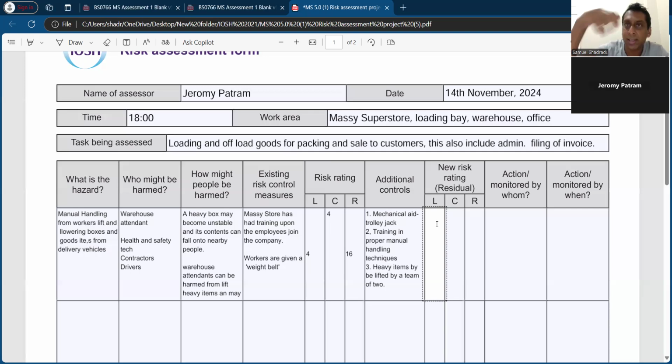We're still using a trolley jack, so they still have to push it. So it wouldn't go down to 1, but maybe because of the trolley jack, if they don't overpack it, the consequences could probably be a 3 as well. So 3 by 3 gives us 9. Now 9 is much better than 16. They would go down to 1 if we did something like a hoist.